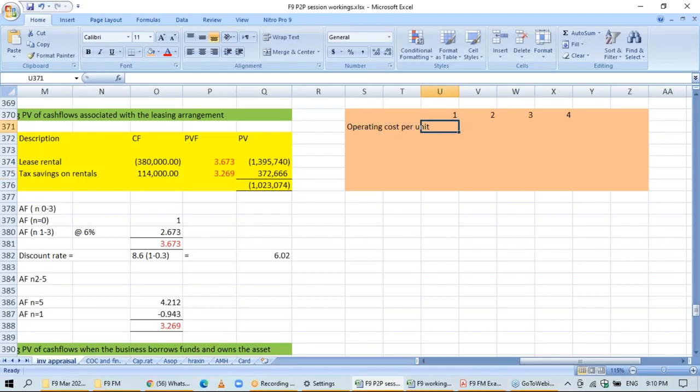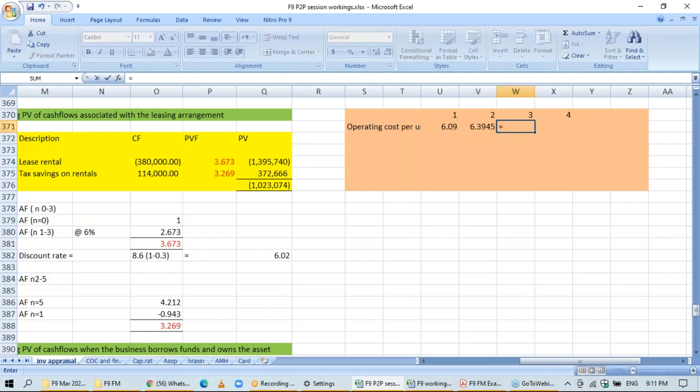So in year one, we will take 5.8 multiplied by 1.05, because in the next year, the inflation rate is 5%. So the cost incurred will be 6.09 and not 5.8. And thereafter, it will keep rising by 5%.